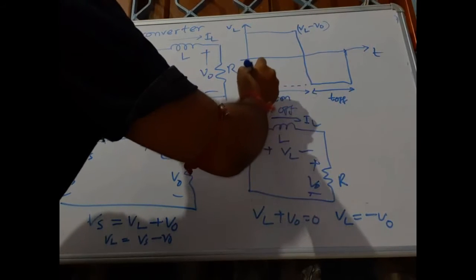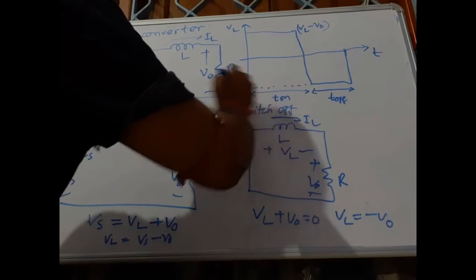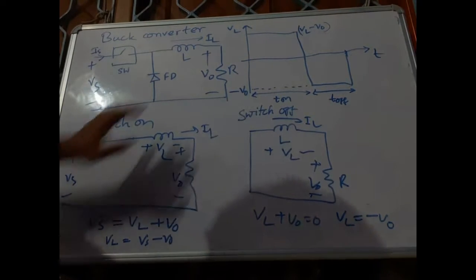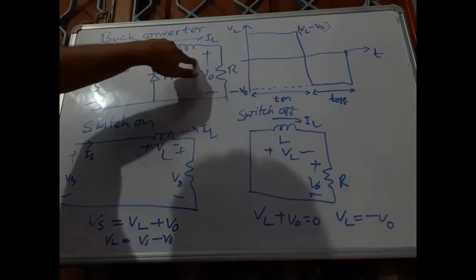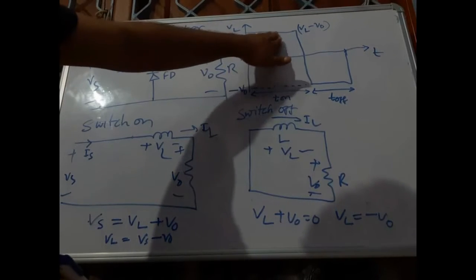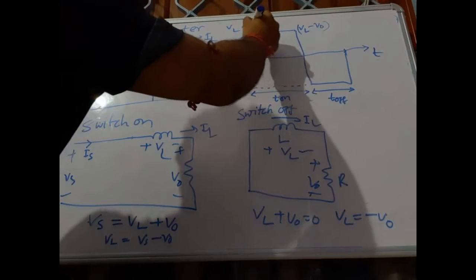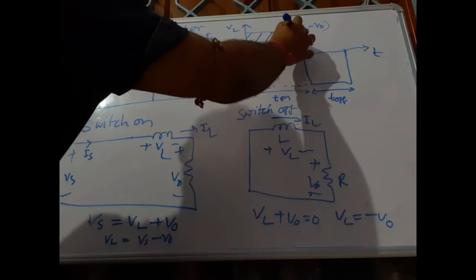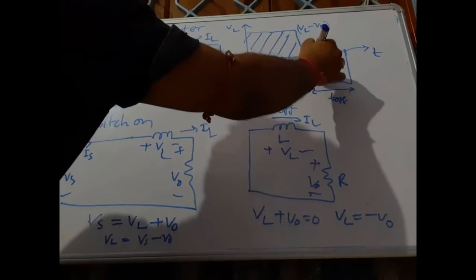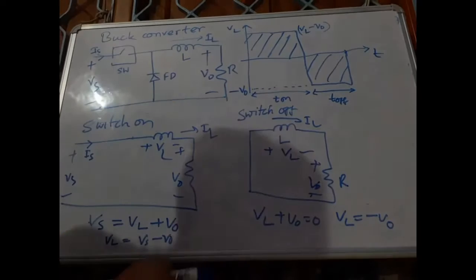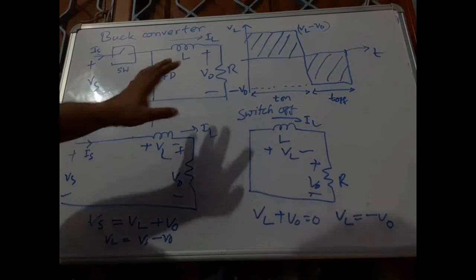This is minus V naught, right? Now this is the voltage across inductor. So here this for on condition will be this for off condition, right? this area.